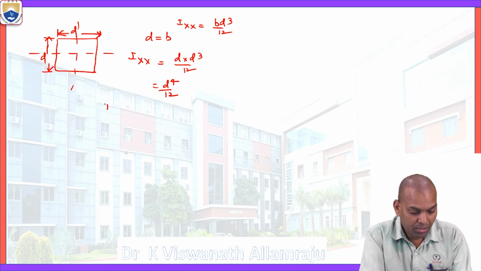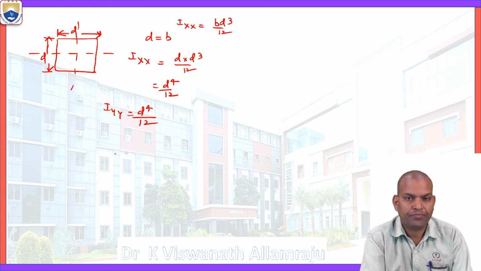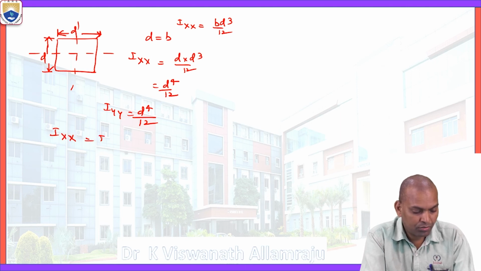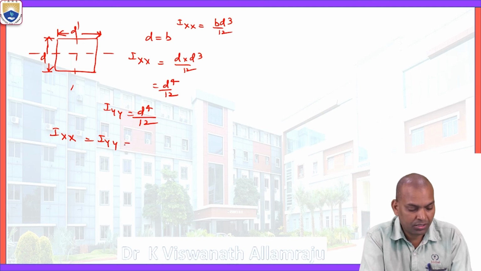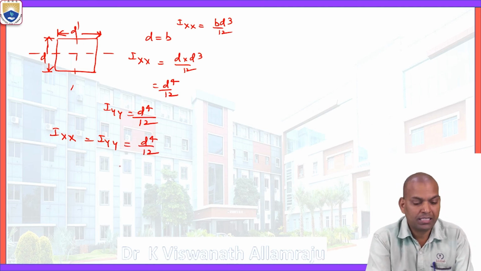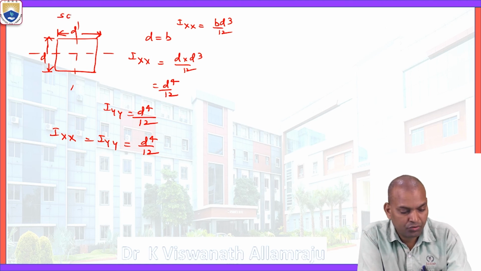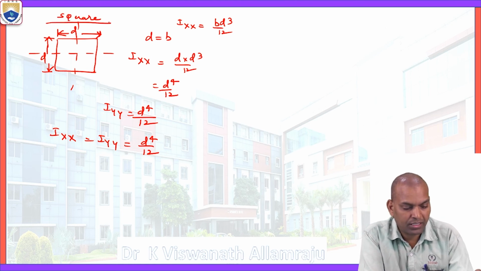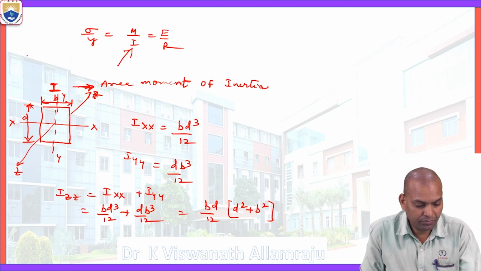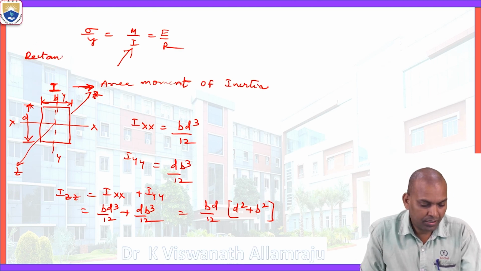Similarly about the y-axis it remains the same, d power 4 by 12. That means the moment of inertia about the x-axis equals that about the y-axis, equal to d power 4 by 12 for a square cross section.